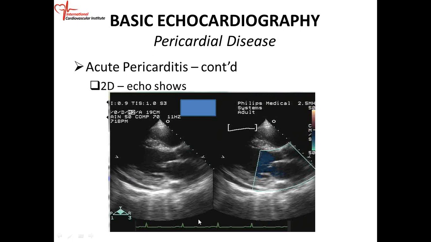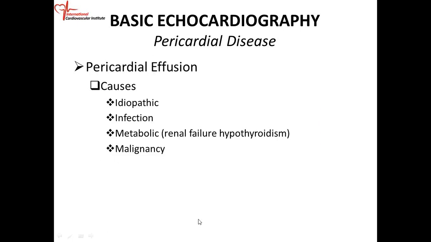Okay? All right. So that's acute pericarditis, and we do see a number of cases, and you have to make the diagnosis. So we spoke about pericardial effusion because a lot of these conditions are going to present with pericardial effusion. The causes for pericardial effusion are pretty much the same as for acute pericarditis.